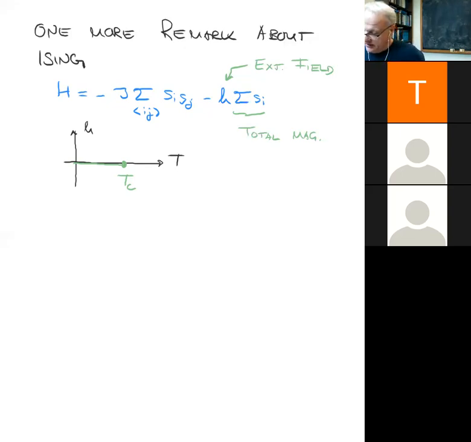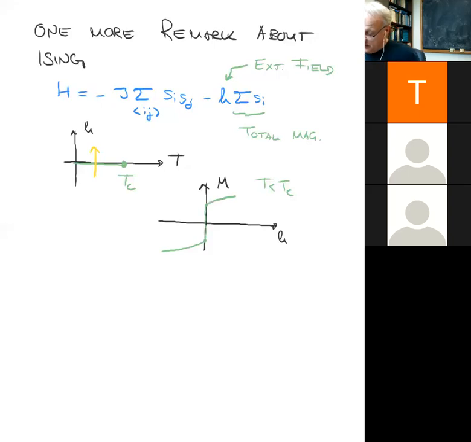And if I plot what happens as a function of the magnetic field below TC, so if I make a plot like this, so I plot H now on the x-axis and the magnetization on the y-axis at some fixed temperature T less than TC, then the magnetization will tend to align with the external field, and then discontinuously jump.